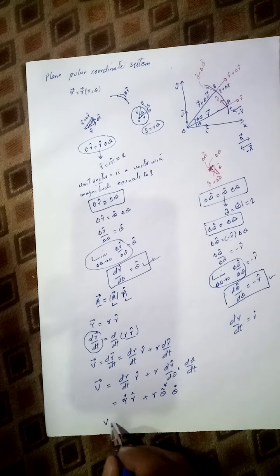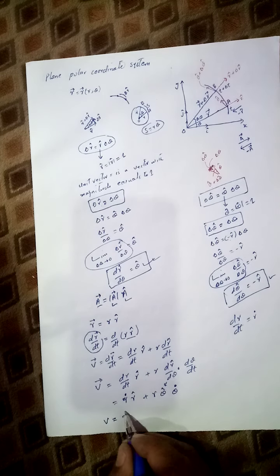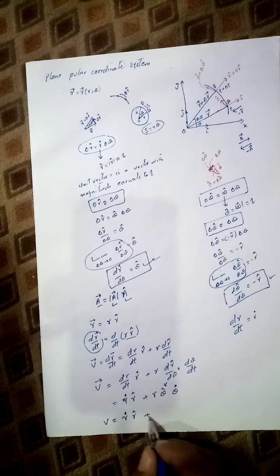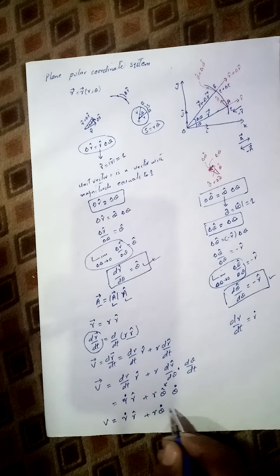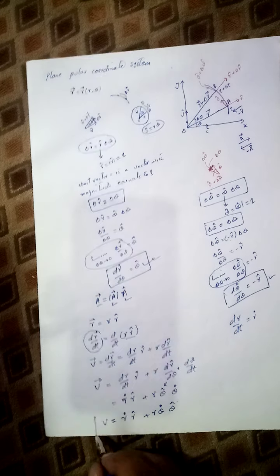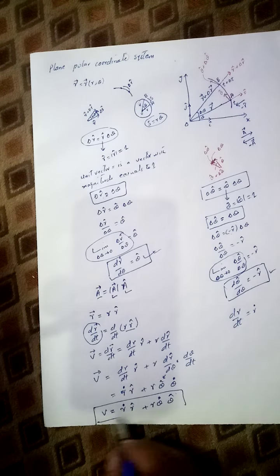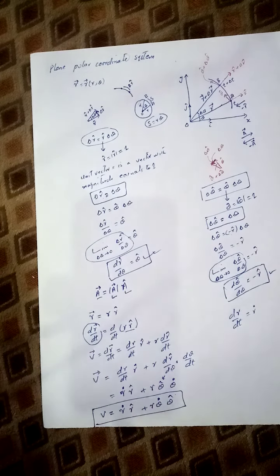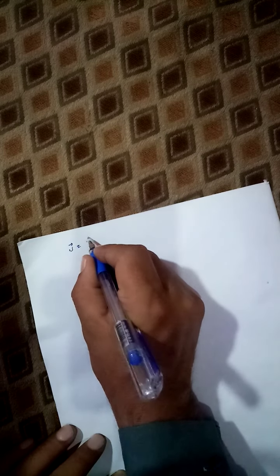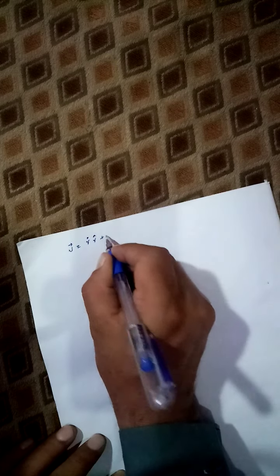So velocity will be equal to r dot r cap plus r theta dot theta cap. This is a very important relation. I will explain it after deriving the relation for the acceleration. So here I will just write the relation for the velocity, which is r dot r cap plus r theta dot theta cap.